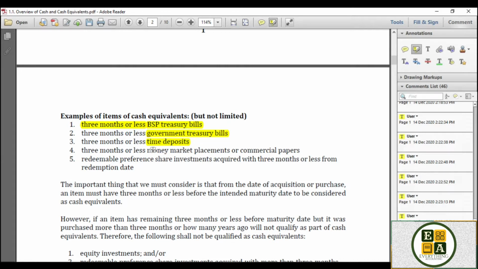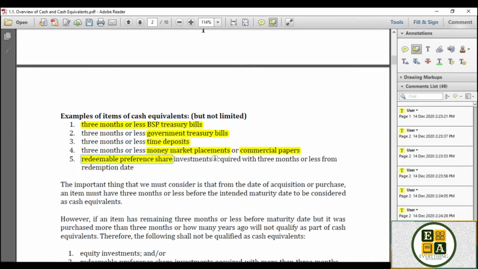Then we also have money market placements or commercial papers. Then we also have, kung makikita nyo man sa mga problem solving, yung tinatawag na redeemable preference share, dapat yung term is investment. Kasi kapag investment, tayo yung nag-acquire sa kanya, 3 months or less from redemption date.